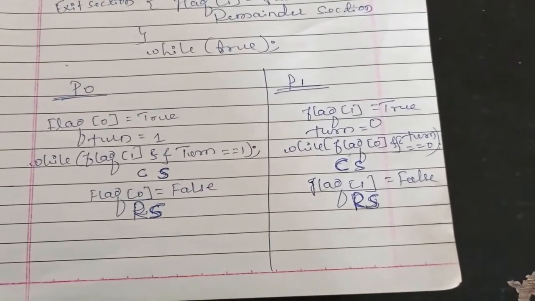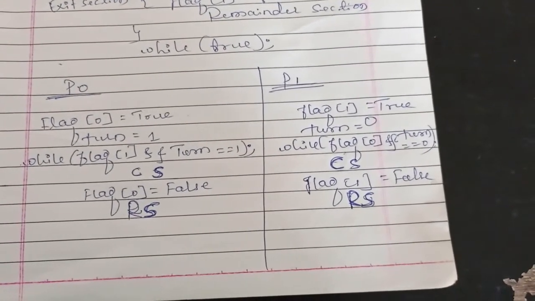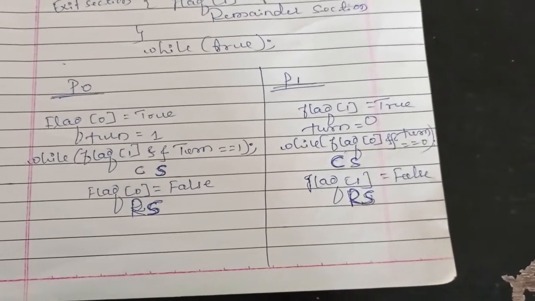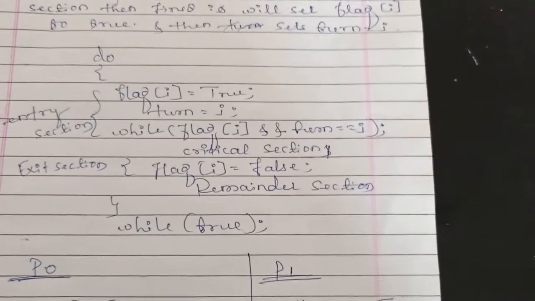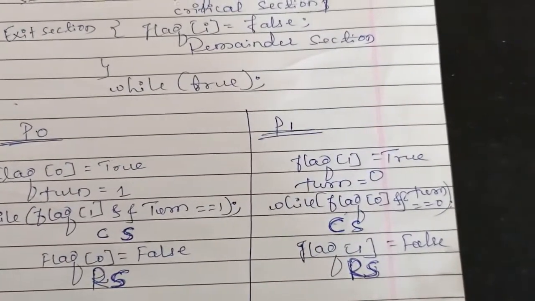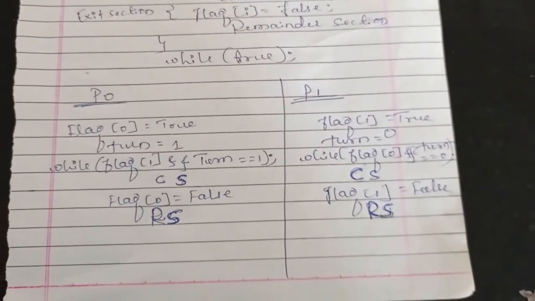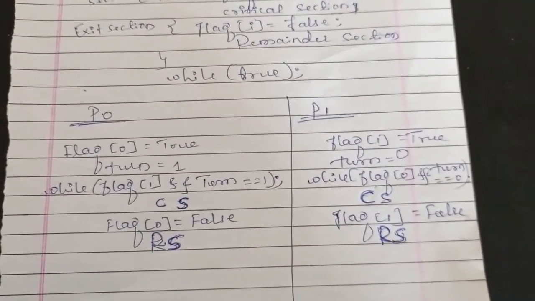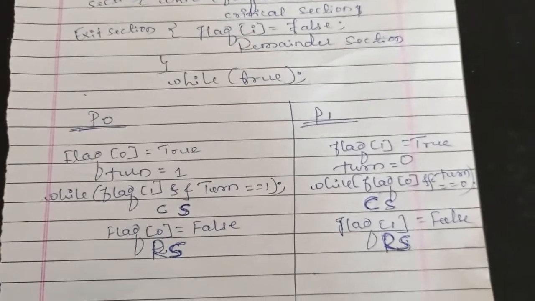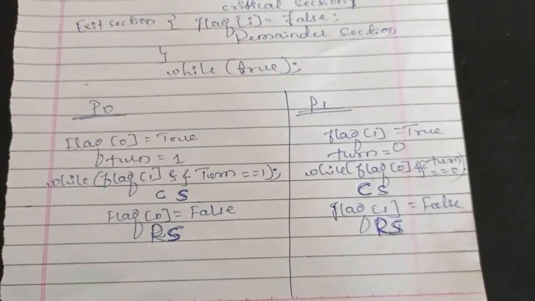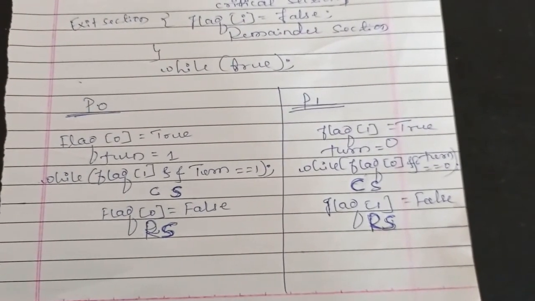Once again P1 is going to ask process P0, which means turn is equal to 0 according to the algorithm. So now it sets the turn as 0. Once again it is asking process P0 whether it is ready to enter its critical section.